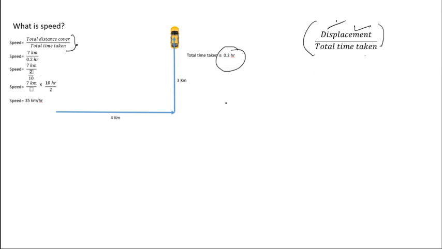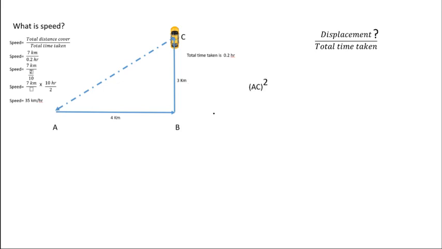And how to calculate the displacement, which is from A to C? You have to use the Pythagoras theorem, right? So let us try to find displacement. If this is A and this point is B, and then it has changed direction and gone to C, this becomes the displacement, and this AC can be calculated by using the Pythagoras theorem.